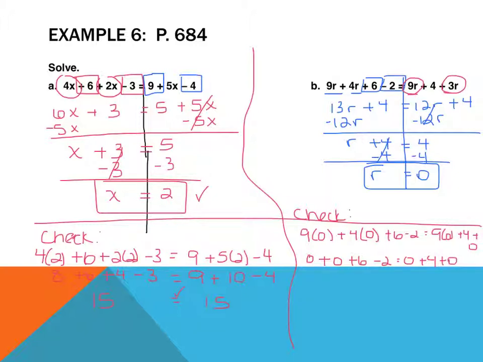Alright, so 0 plus 0, 0 plus 6 is 6 minus 2 is 4. And 0 plus 4 plus 0 is 4.